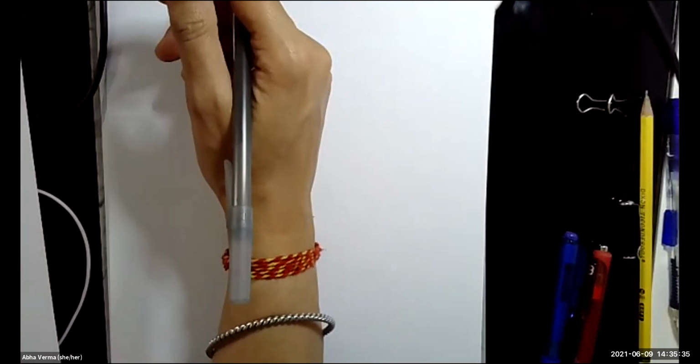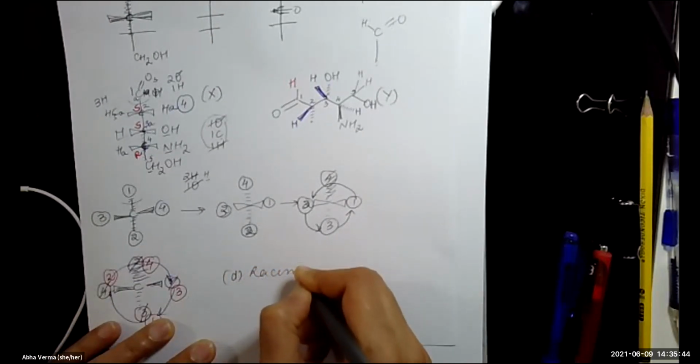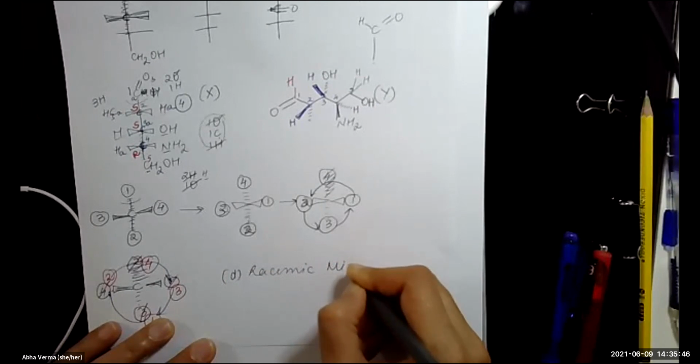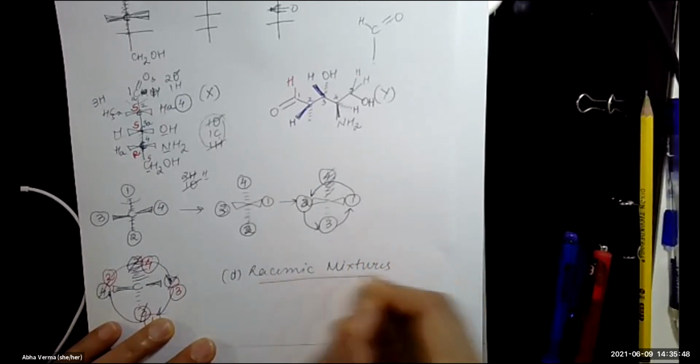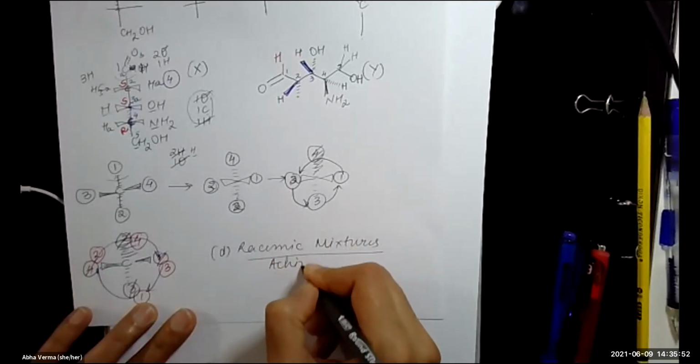Now the last combination, or this type of structure that we see, is a racemic mixture. Racemic mixtures, just like your meso structures, are achiral.